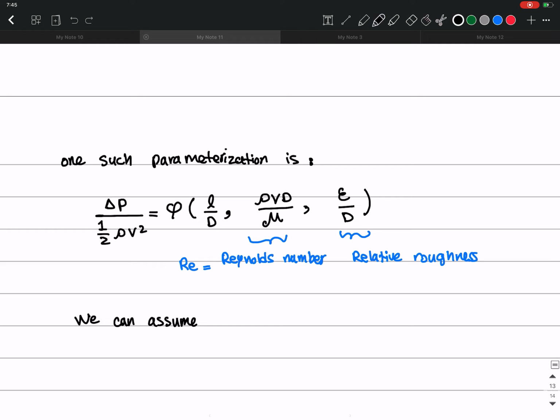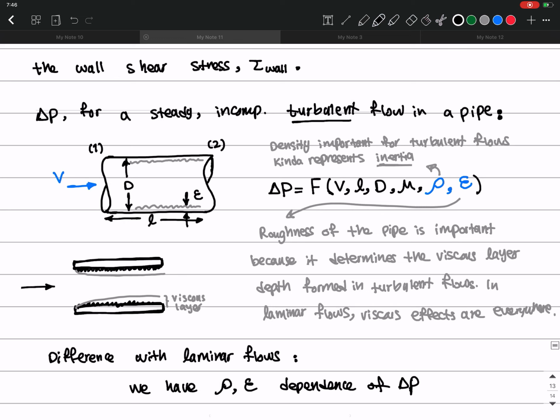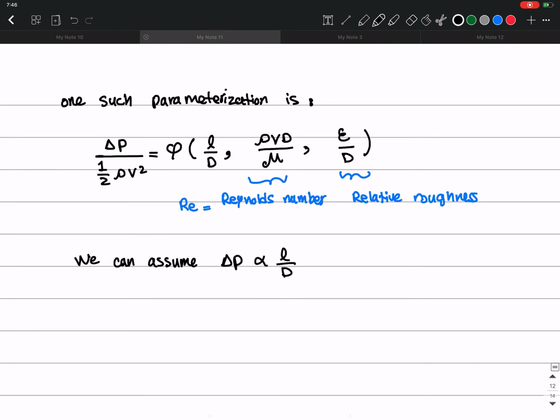We can assume that delta P is proportional to length over diameter, linearly related to that. If your L over D is larger, meaning the pipe is longer, your pressure drop is also going to be larger.